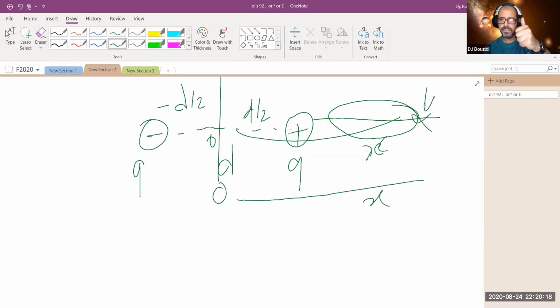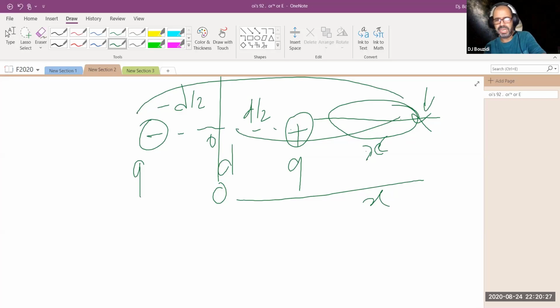The other distance I'm interested in is from the negative charge all the way to where I want to find the electric field, and that distance is x plus d over 2. Do you guys visually see it?